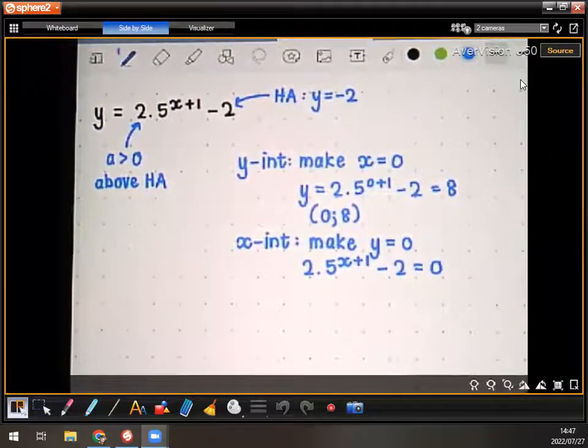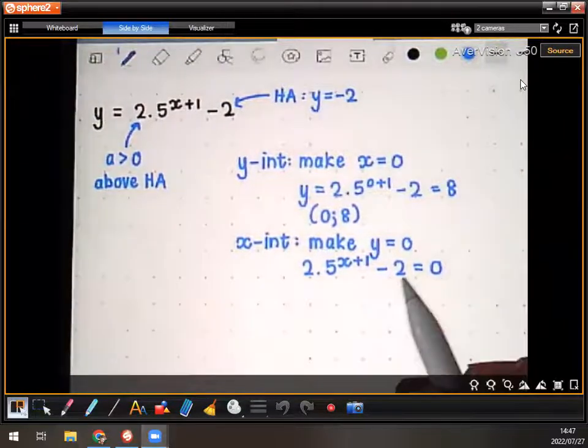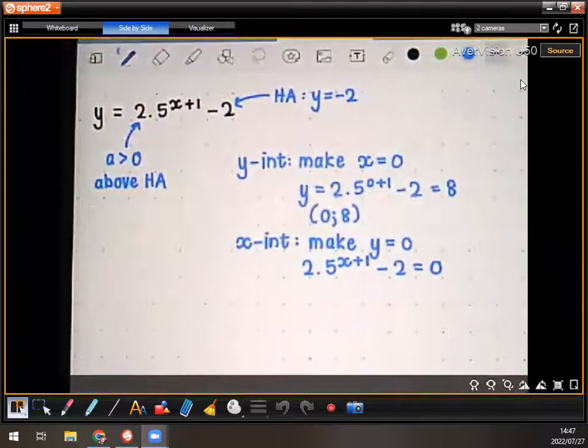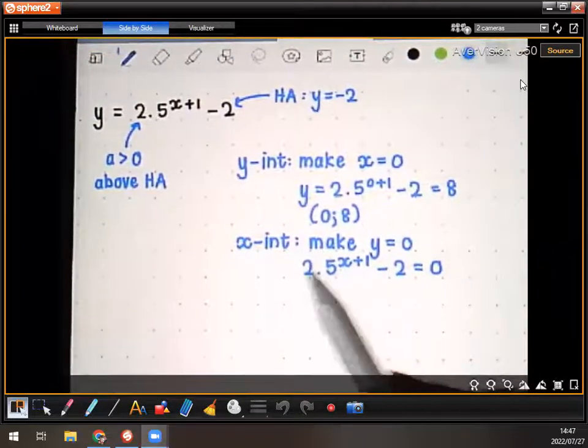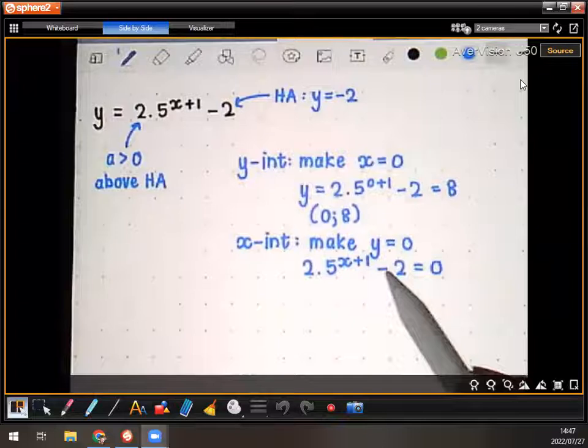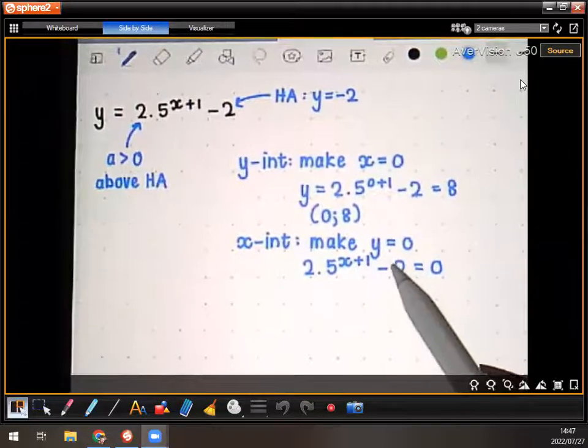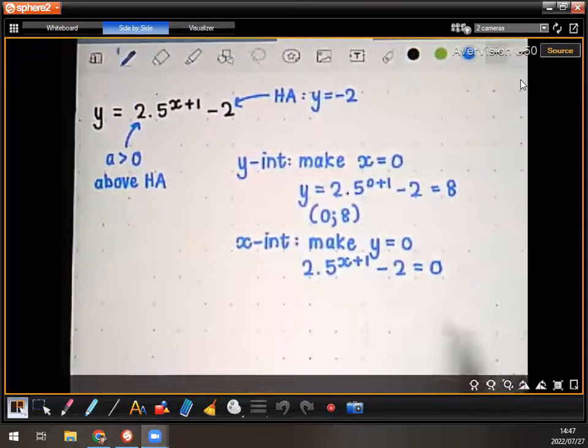Now we need to solve for x. We need to systematically move everything over to the other side. Remember when we solve the equation, we work backwards. When we are simplifying something, we would times first, but now because we're working backwards, we have to do the minus first. So this minus 2, we're going to move over.